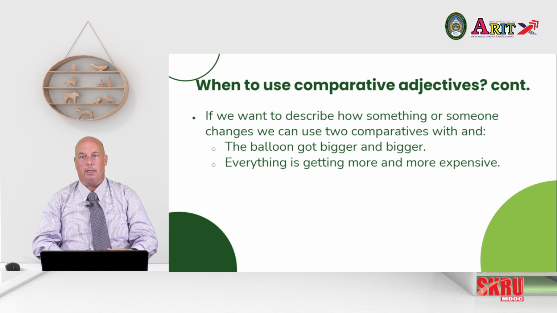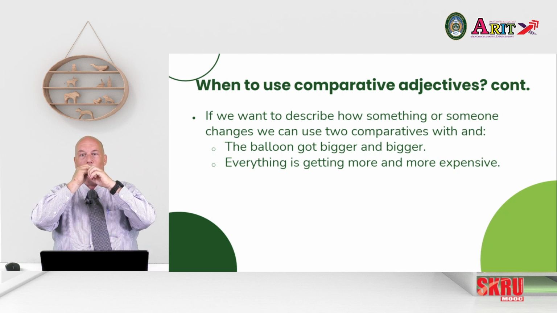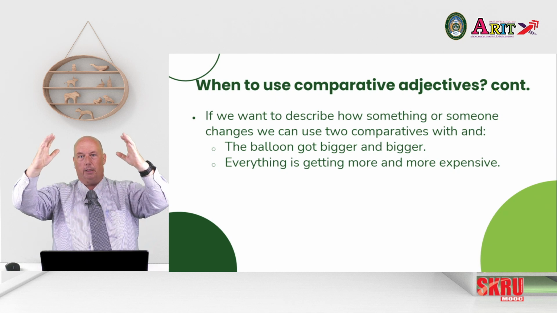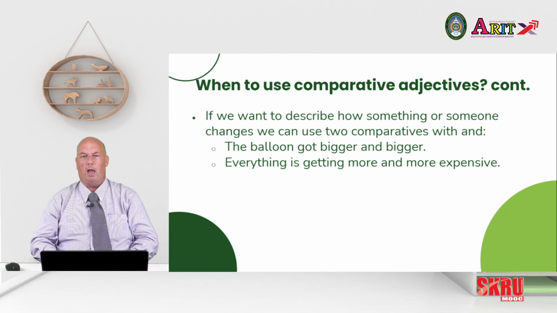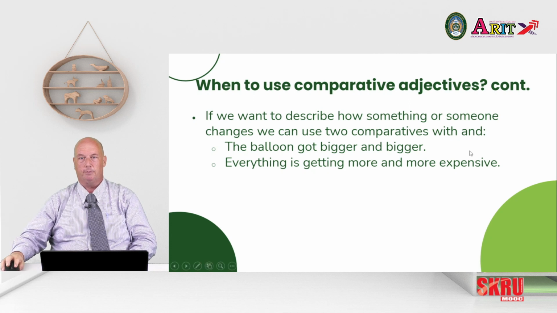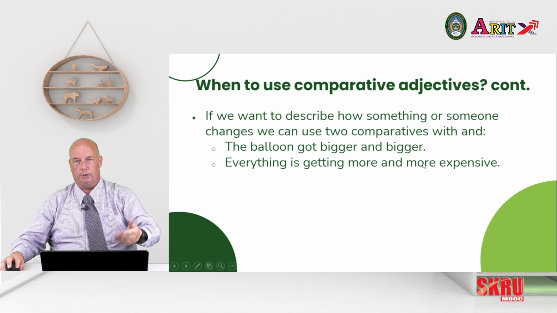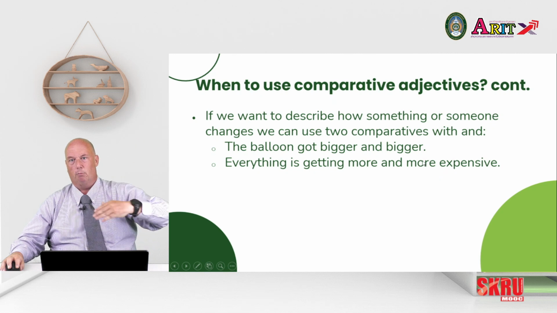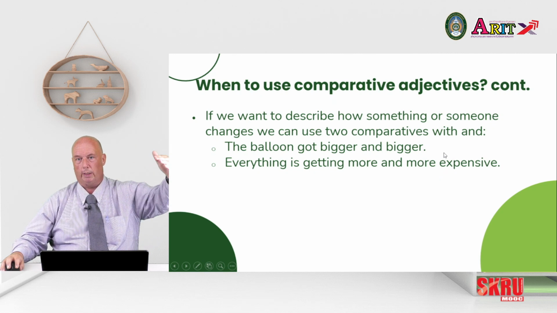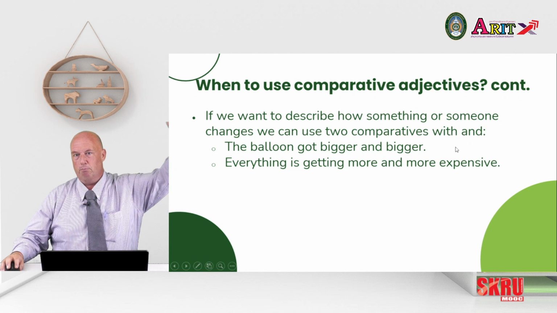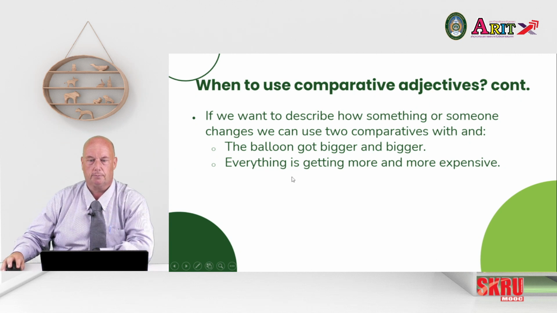The balloon got bigger and bigger. If you're blowing up a balloon, it gets bigger and bigger and bigger. Everything is getting more and more expensive. Here we use more with the adjective expensive, so the repeating more shows an increase, changing. More expensive next week, more expensive again.